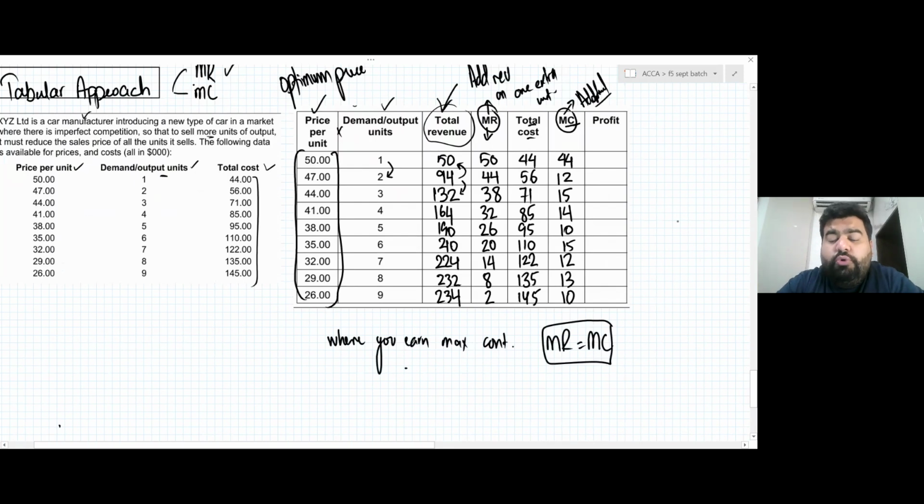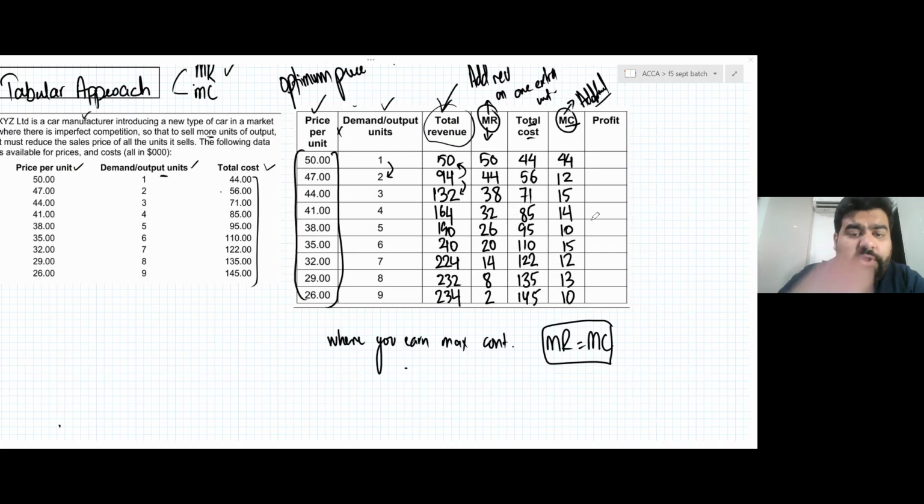So what you will do is see in the table at which level marginal revenue and marginal cost are equal. If you see at the first level, it's 50 and 44, not the same. 44 and 12 not the same. 38 and 15 not the same. 32 and 14 not the same. 26 and 10 not the same. 20 and 15 not the same. At any level, the marginal revenue and marginal cost are not the same.